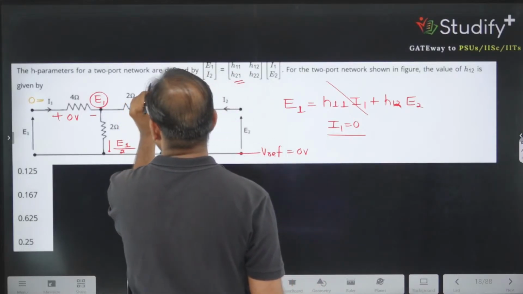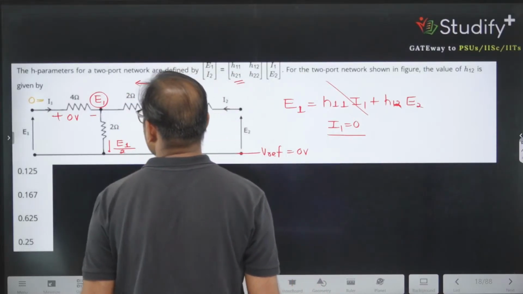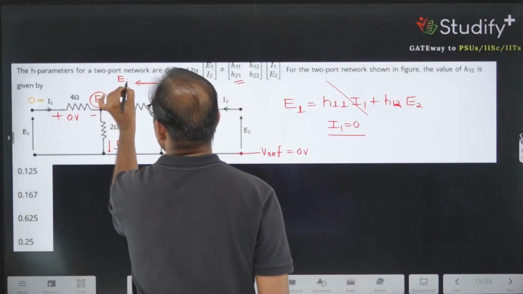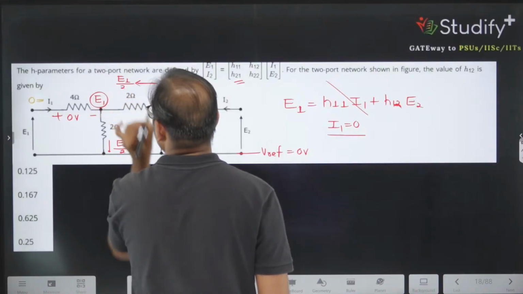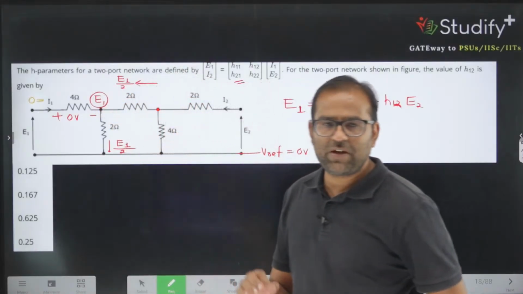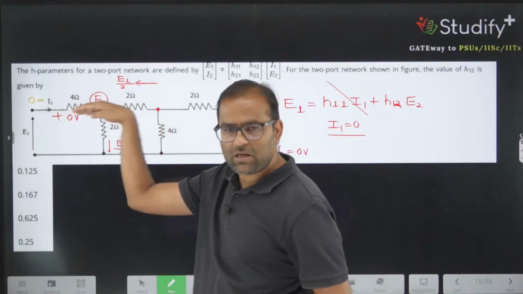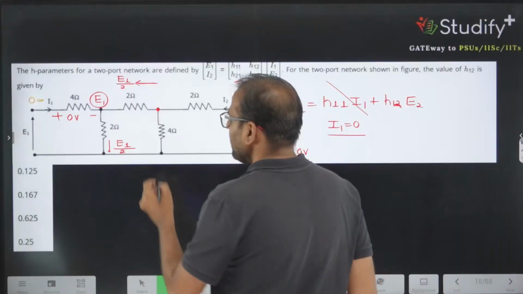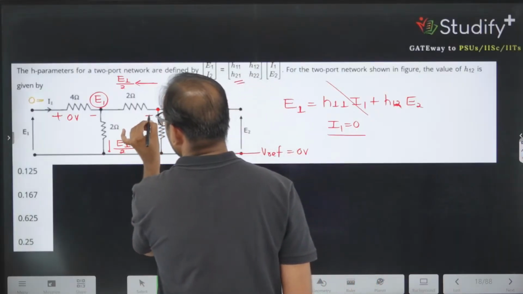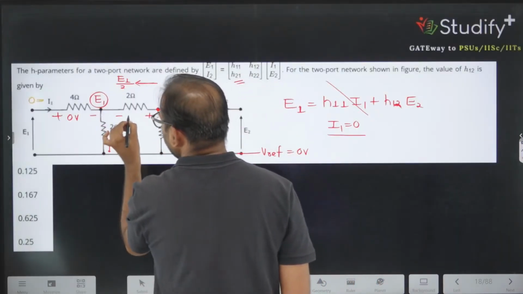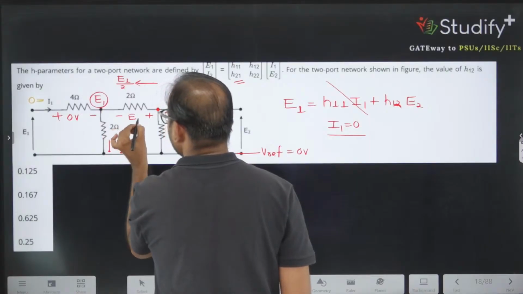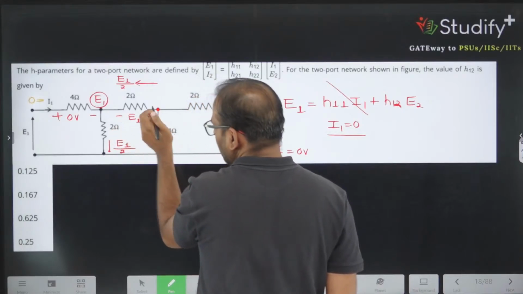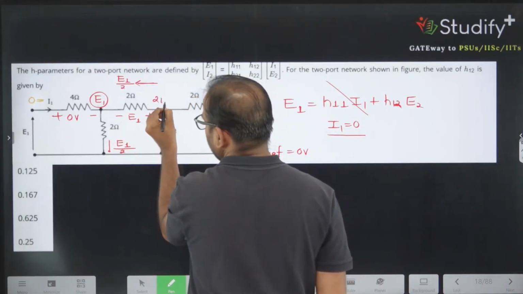Can I say this current is also E1 divided by 2, because you have to satisfy KCL. So no current is going or coming from this branch. If this is E1 divided by 2, the same current will come from here. And this potential drop will be E1 divided by 2 into E1. So this is E1, and going from negative to positive, this voltage is 2E1.